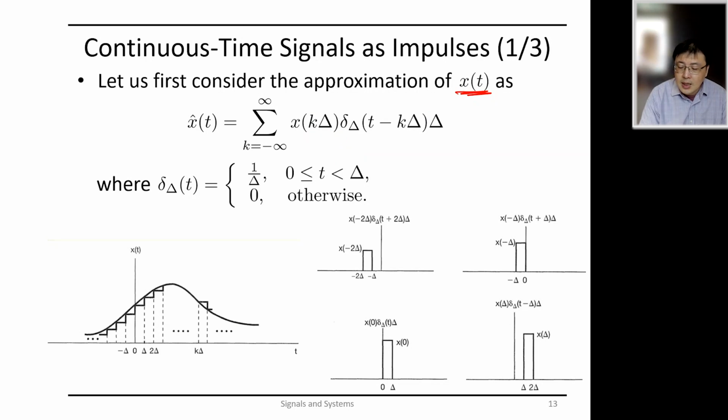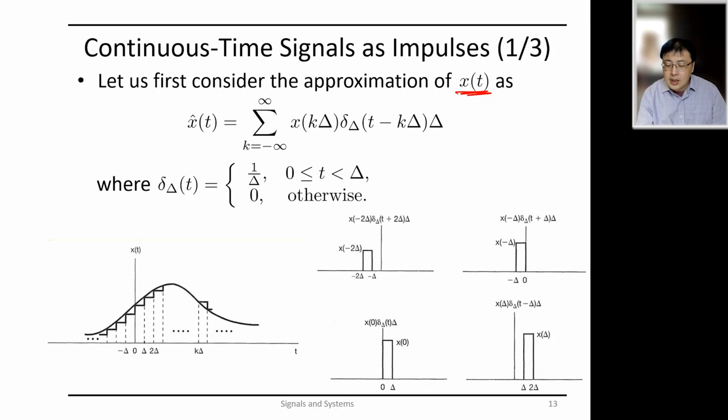Now, delta sub capital delta of t minus k delta. If you recall, delta sub capital delta is the very short pulse that we used to approximate a delta function before. So delta sub capital delta of t is this rectangular, short pulse, assuming delta is very small, with magnitude 1 over delta when t is between 0 and capital delta and 0 everywhere else.